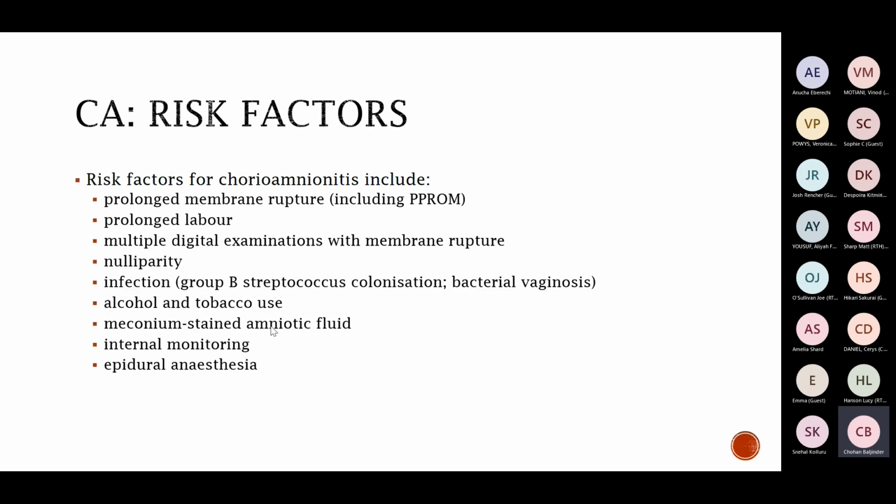Meconium is awful, it's horrible. Not only can it increase your risk of chorioamnionitis, but it can increase risks to mum as well. So if there is significant meconium, make sure you clean mum, give a bit of a washout, clean the gutters well if you're at section, for example, because it can be very irritant and can cause infection. So you definitely need to think about meconium.